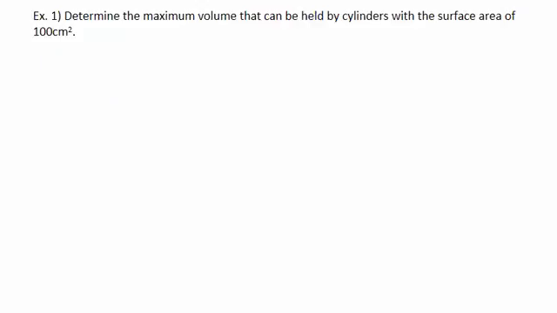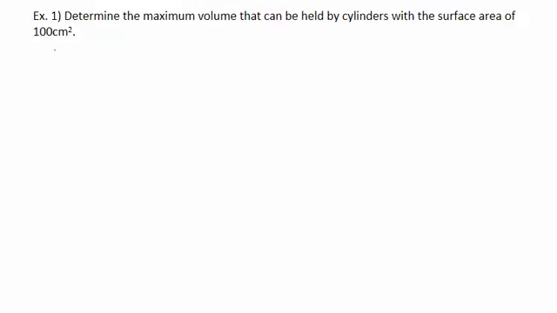So determine the maximum volume that can be held by the cylinders with the surface area of 100 centimeters squared. So let's use our surface area formula that we derived above, plug in this number, find the value for the radius, and then we can use that value in the volume formula to come up with the actual volume.